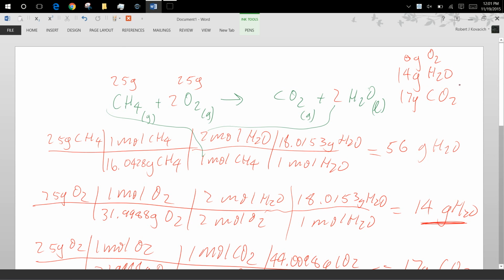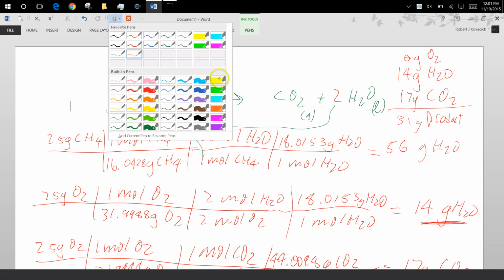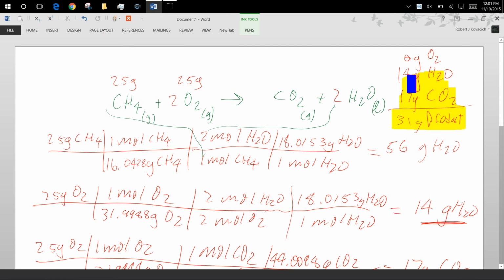Since this is just a four-piece problem, 25 grams goes in of each, so 50 grams goes in. There needs to be 50 grams on this side over here, and what I have is 31 grams of product. So I've only made 31 grams of product.